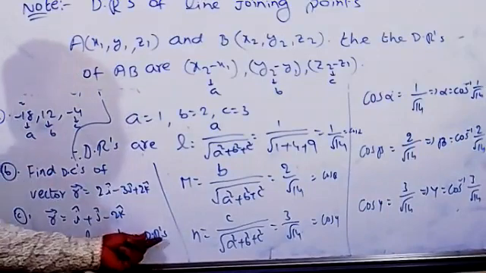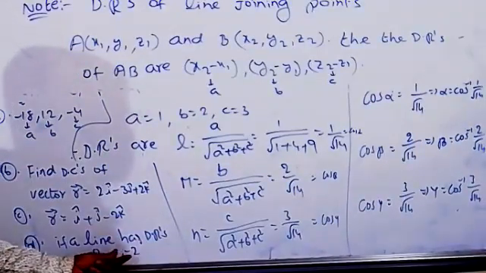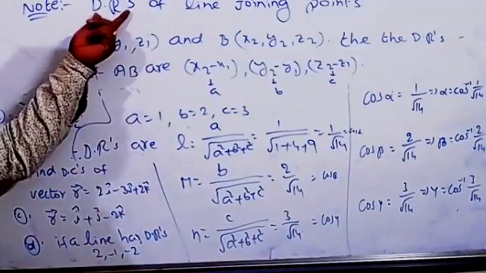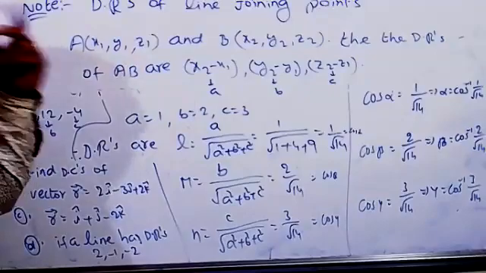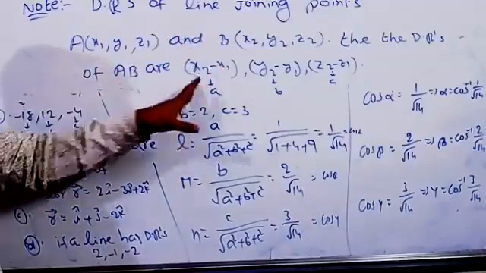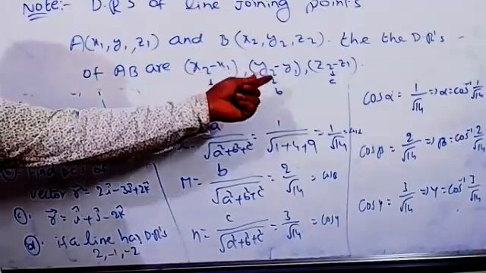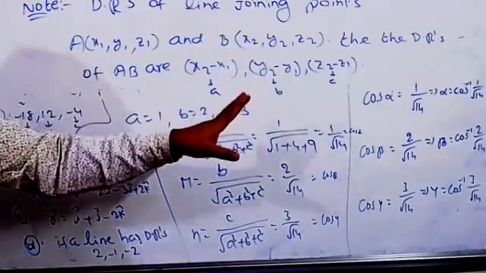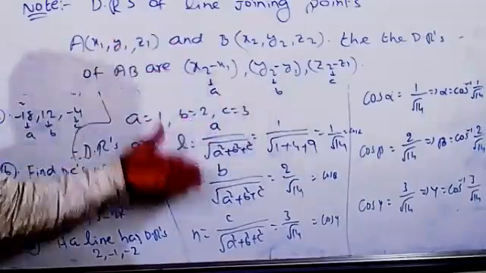Don't get any confusion. In the previous one, it was given directly. They mentioned it very clearly: if a line has direction ratios 2, minus 1, minus 2. Similarly, what are the direction ratios of the line joining points? Based on these two points, first we need to find the direction ratios: x2 minus x1, y2 minus y1, and z2 minus z1. After finding these A, B, C values, you can find the direction cosines.